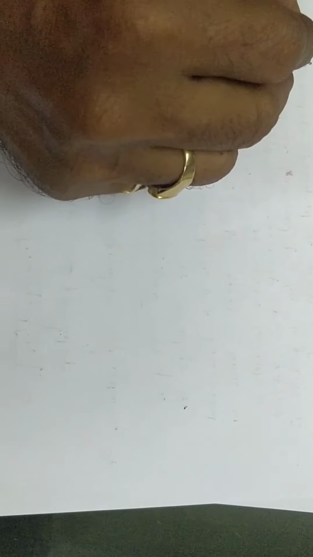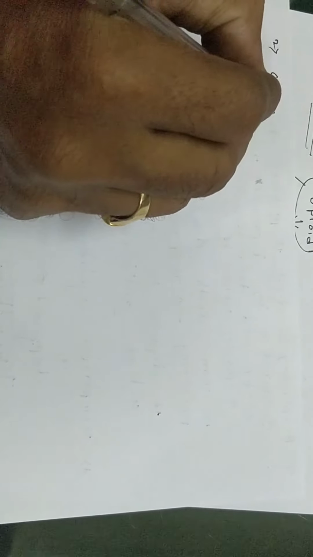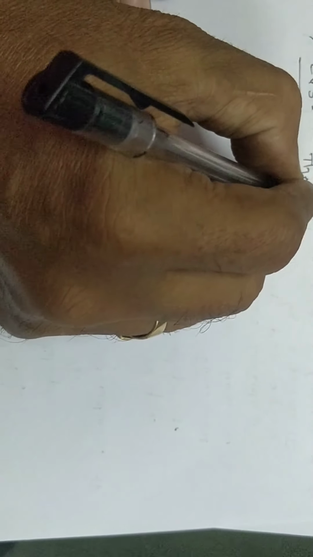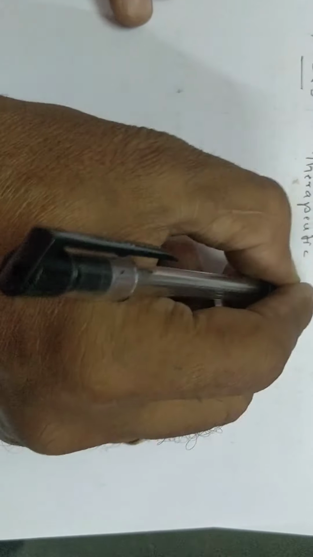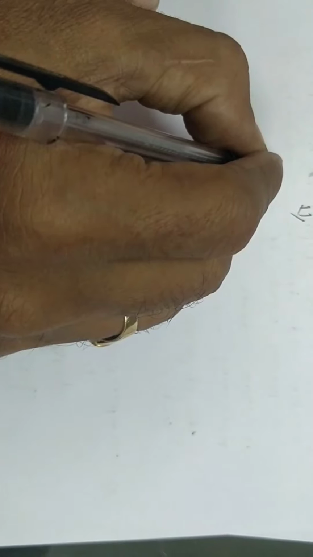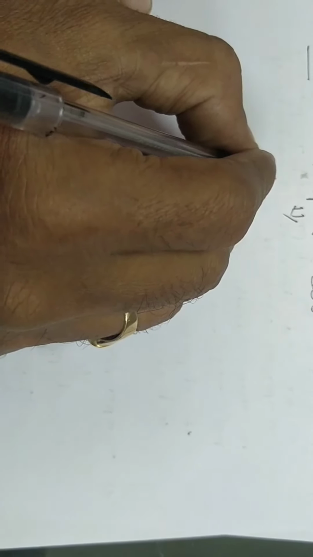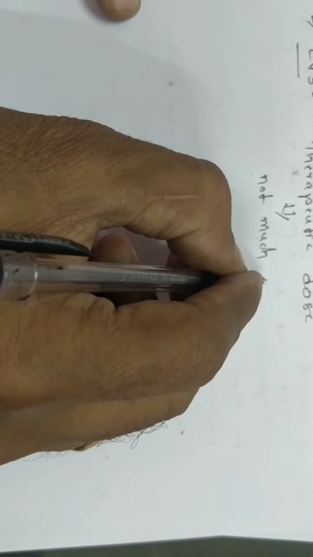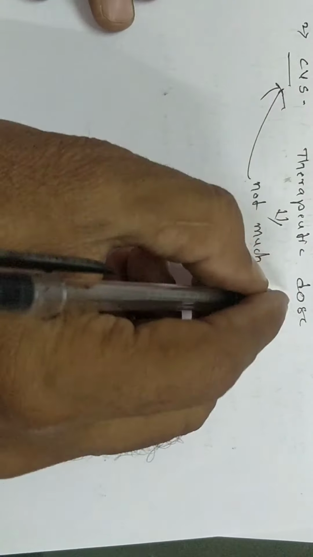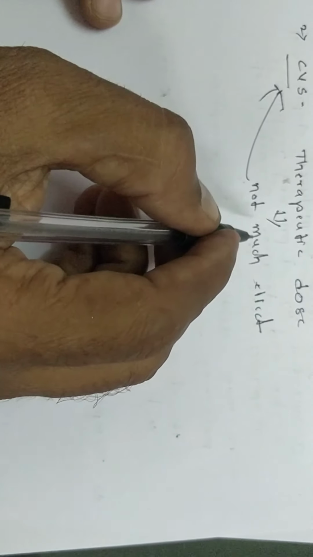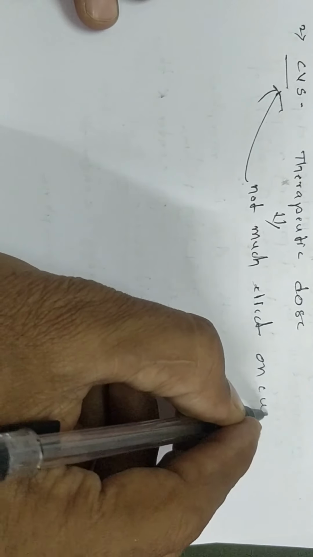Now the effect on CVS. A therapeutic dose of morphine has not much effect on the CVS.